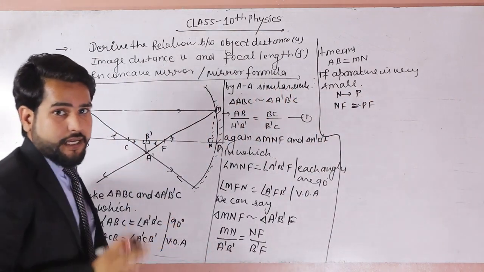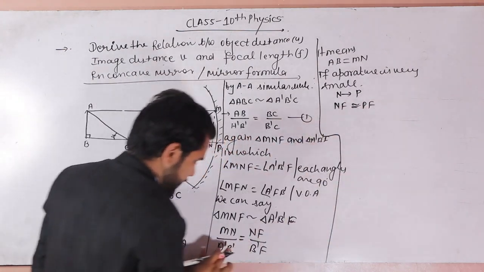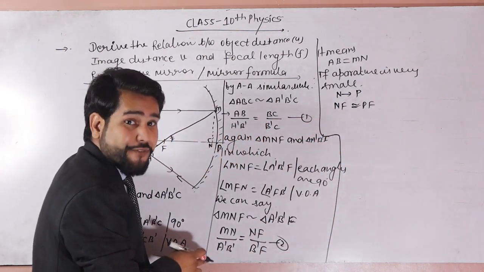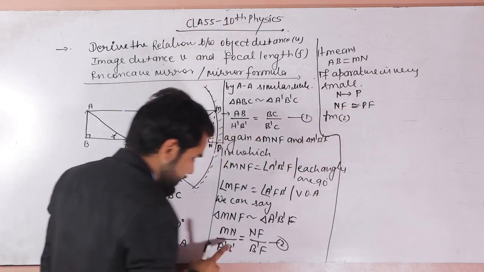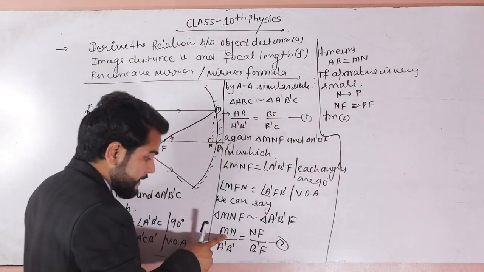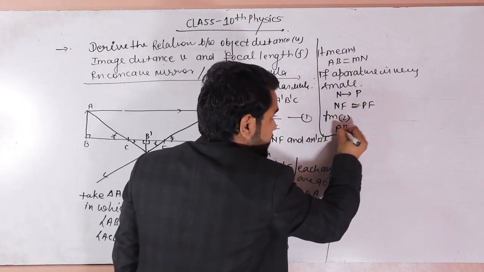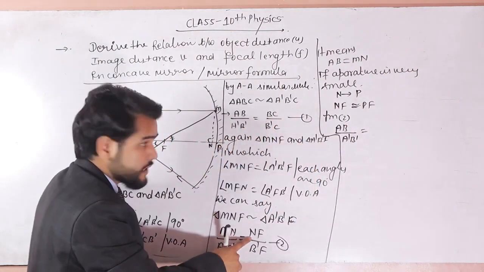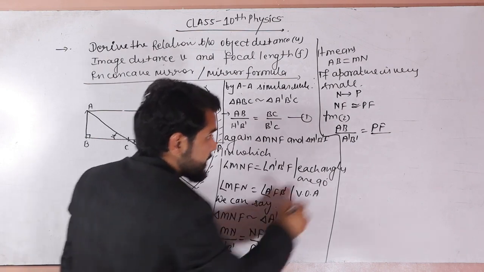This is the assumption of the theory in that case. Okay, NF equals PF. So now what can we write? The second equation: in place of MN we write AB, so AB over A dash B dash equals, in place of NF we write PF, over B dash F.